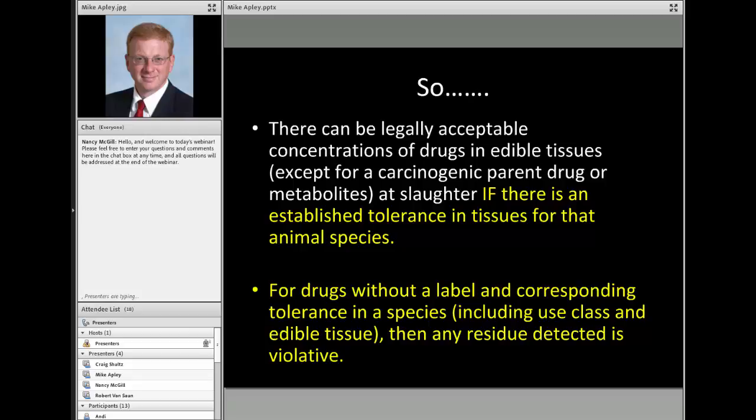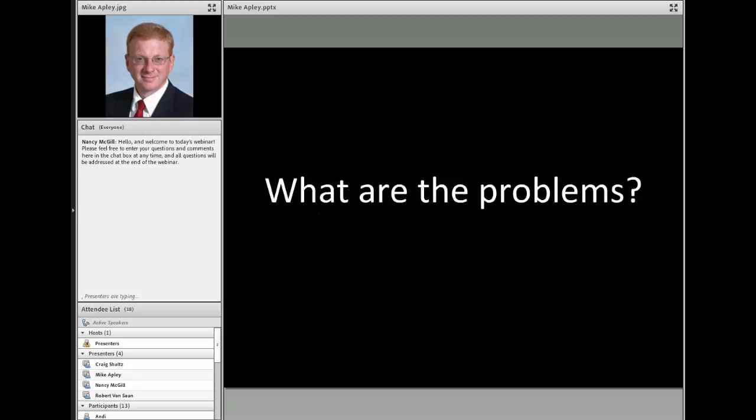And one of the big points here is that as we get into mass spectrometers and some of the newer techniques that really can find these at very low levels, 0 is an ever decreasing value that we have to deal with. So what are the problems?